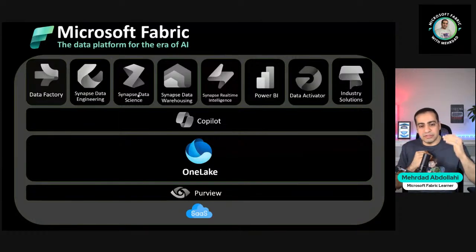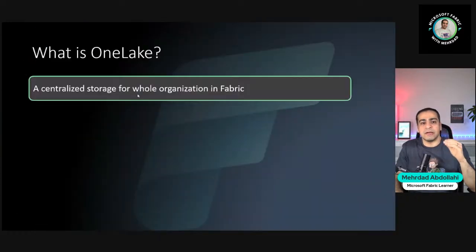But before that, let me tell you, Microsoft Fabric is a software as a service from Microsoft. So let's get back to OneLake. OneLake is a centralized storage for the whole organization in Fabric.